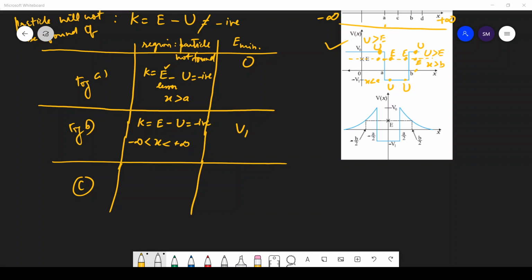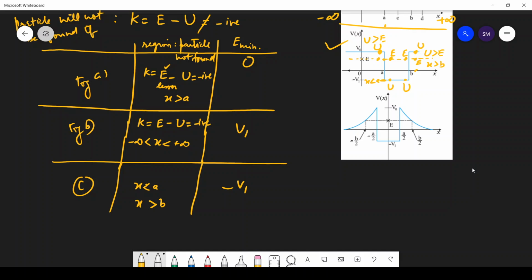So the particle will not exist when x is less than a and when x is greater than b. Now what is the minimum energy? Minimum energy means least potential energy. So what is the least potential energy in this case? This is negative V1.